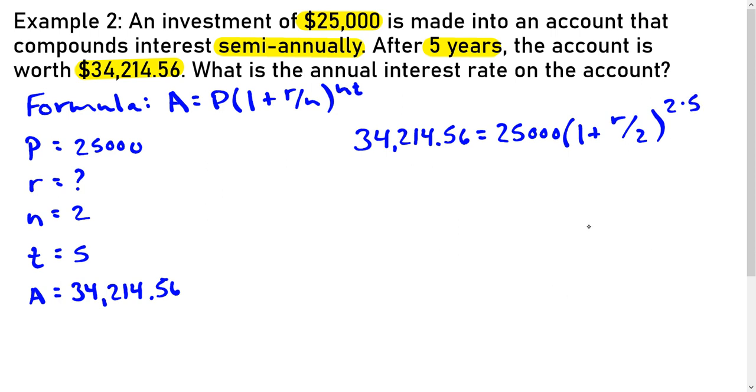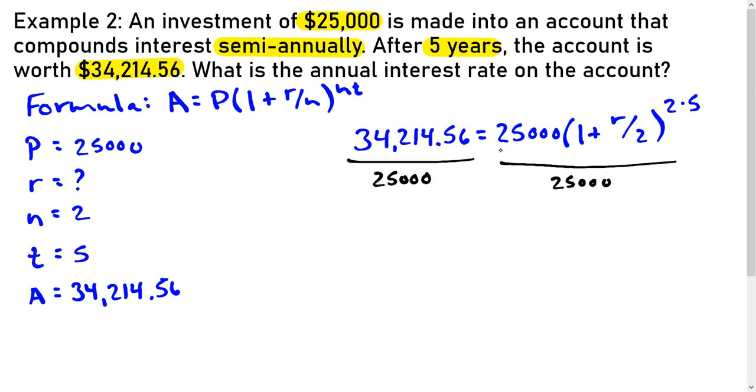Okay, so the first thing we need to realize is that we're trying to solve for R. R is trapped in this set of parentheses. This set of parentheses has 2 operations connected to it. It's got exponents, but it's also got multiplication. Remember though, when we're solving, we always use reverse order of operations. So I would need to start by dividing each side by $25,000.